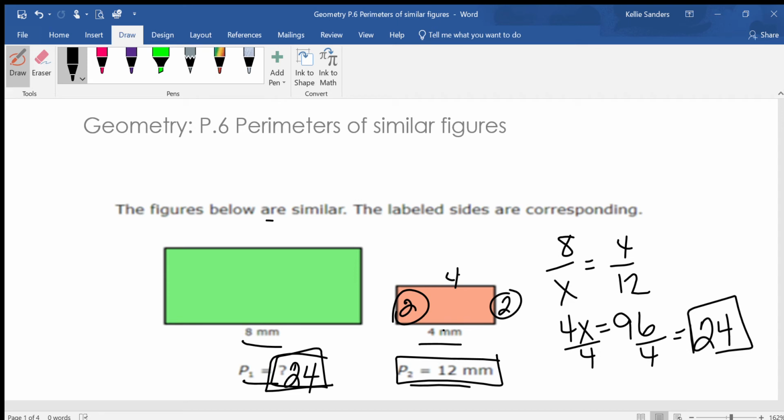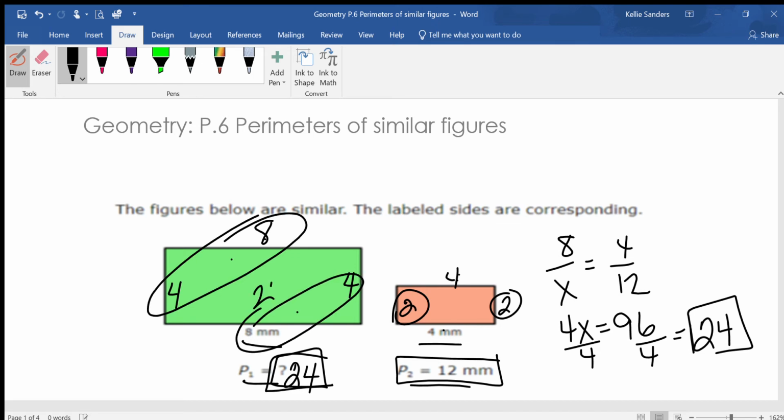If this is 8 and this is 8, and if 24 is the perimeter, then if 4 is half of 8, then 2 is half of 4. So both of those would be 4, and 4 plus 8 is 12. 8 plus 4 is 12, and 12 plus 12 is 24. So everything is proportional, but 24 is the answer.